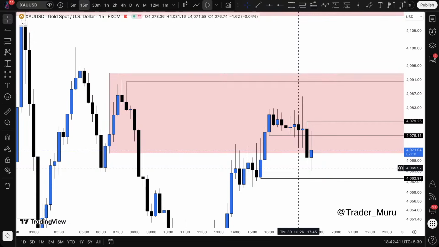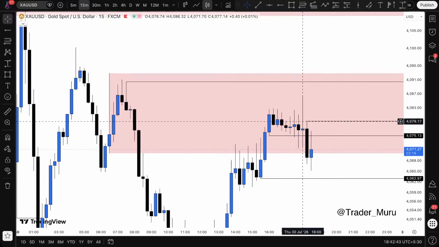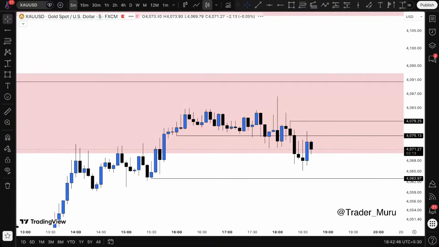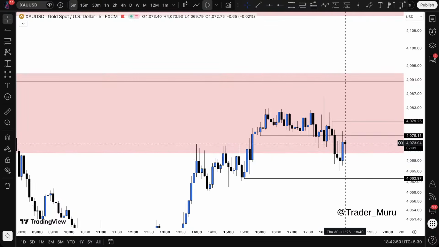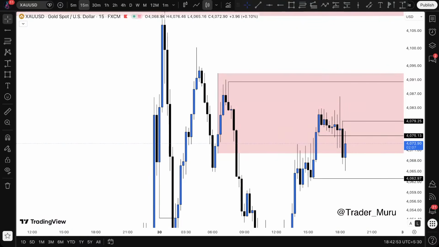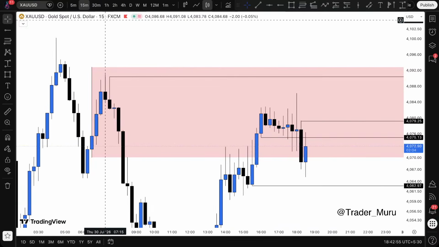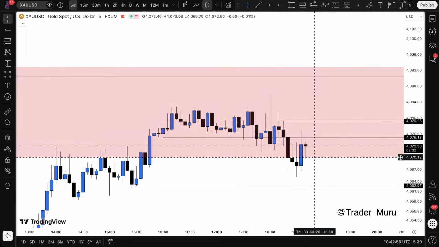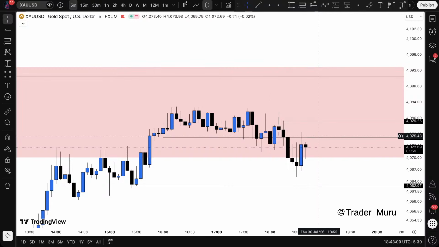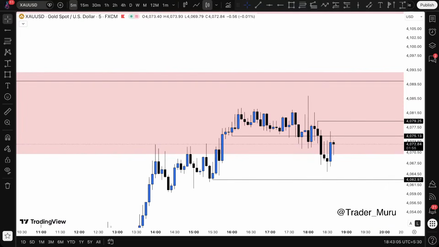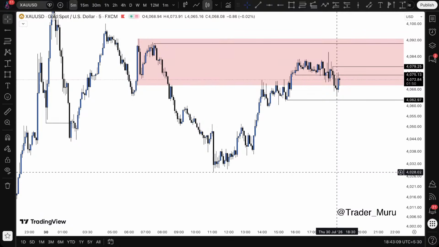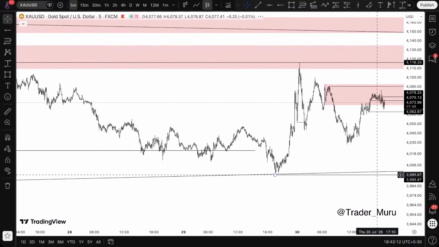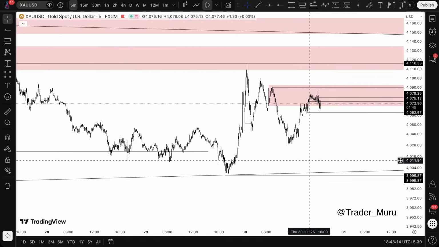I am in at 4072. Have stop loss. It is still showing bullish strength here. 15 minute will close in 2 minutes. If it does not go above in 15 minutes, then the targets can be first 63, second 28, and third 4000.